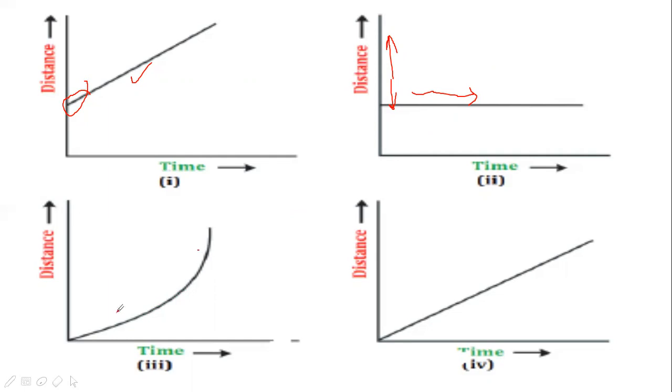This is an accelerating body. The speed of the body is increasing, or variable speed. This graph shows constant speed because the graph is a straight line.